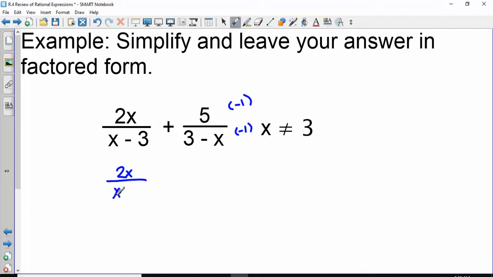So I have the first one I didn't change. 5 times negative 1 is a negative 5. On the bottom, if I'm going to multiply that by a negative 1, I have to distribute it to both, so it becomes a positive x and a negative 3.